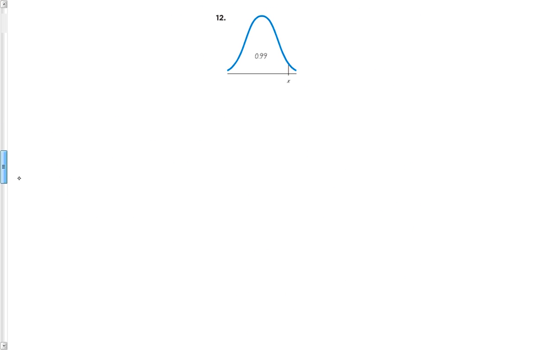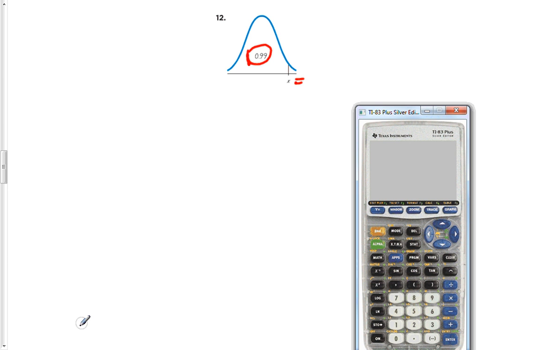In this case, we're being asked to find the x value, and we're being given the area to the left. So there's no need for us to subtract from 1, because this, in fact, is the area to the left. So all we have to do is go to our TI-83. Let's write it out first.